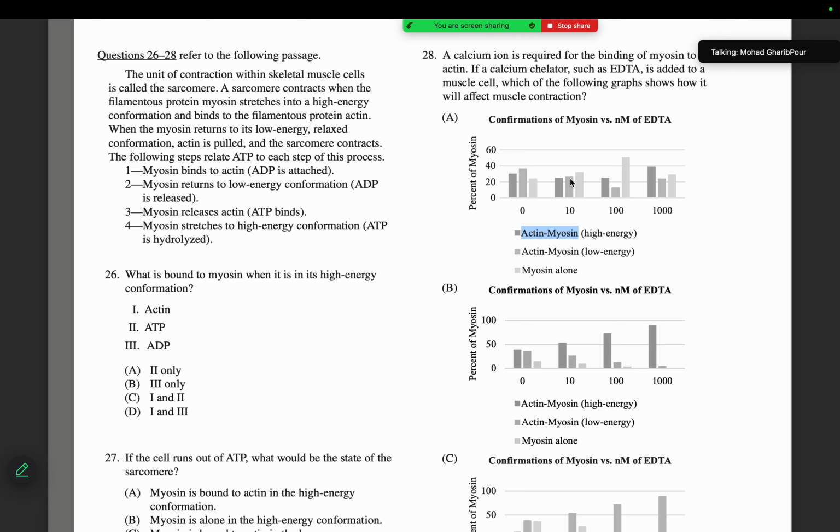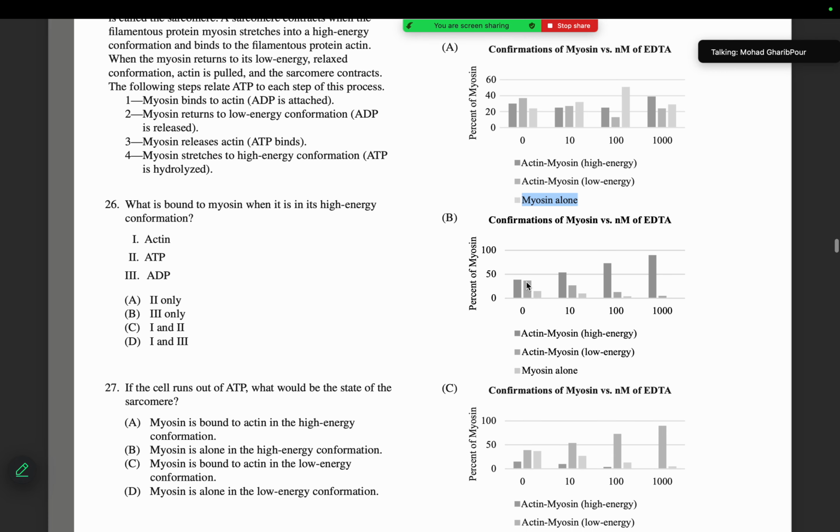The medium color is actin myosin in low energy state, and the lightest color is myosin alone, so not attached to actin. This is what we're going to expect to see a lot when we have high EDTA levels, because myosin cannot bind actin. This graph is like the complete opposite of what we expect.